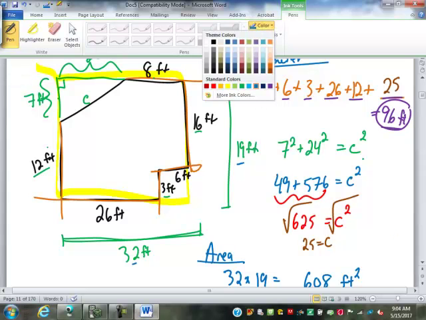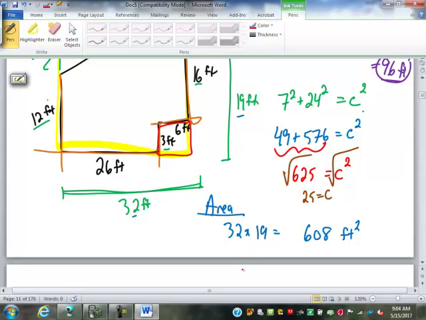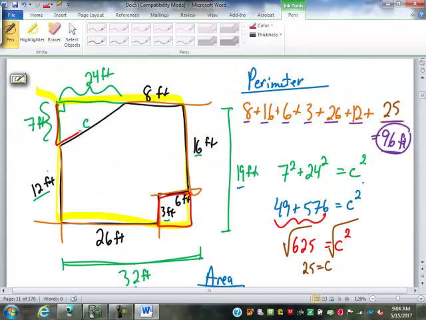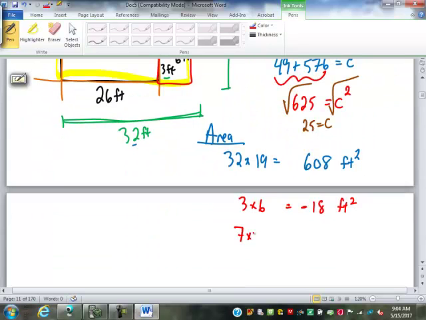Okay, now I have to subtract out the missing pieces. I have this rectangle right here that is 3 by 6. 3 by 6 is 18 square feet. I'm going to be subtracting that. And I have this triangle up here that's 7 by 24. What do I have to remember to do that? Divide by 2 because it's a triangle, yeah. Half of a rectangle.